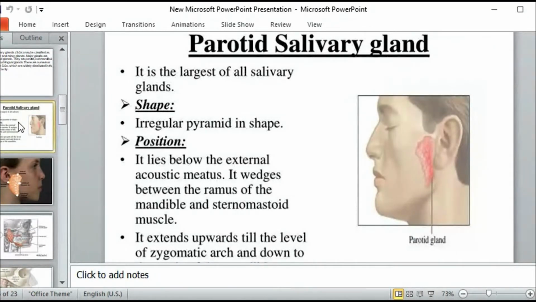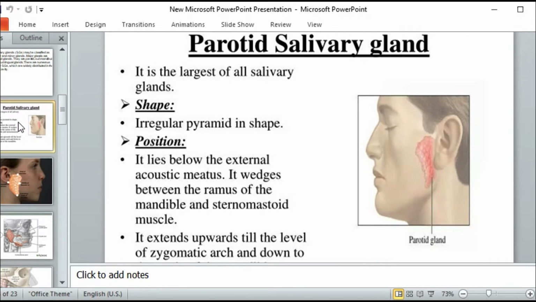The functions are lubrication and moisturizing of the mouth, breakdown of carbohydrates, as some carbohydrates break down in the oral cavity by the action of saliva, and also antimicrobial function. This is the overall view about the parotid gland.